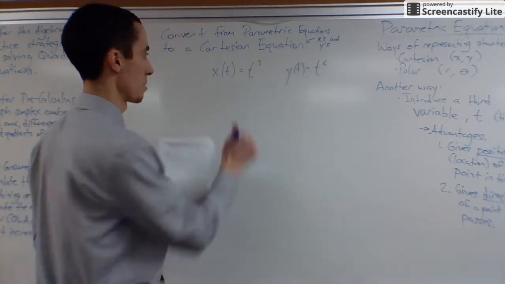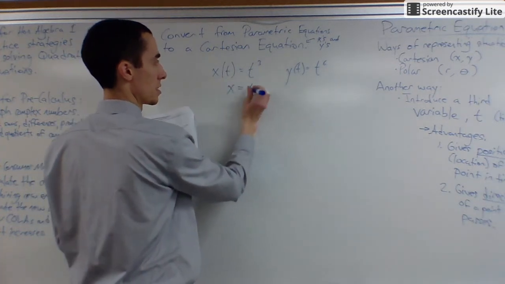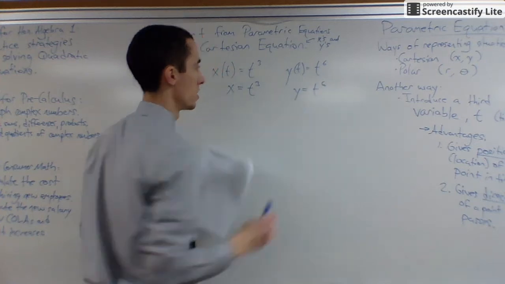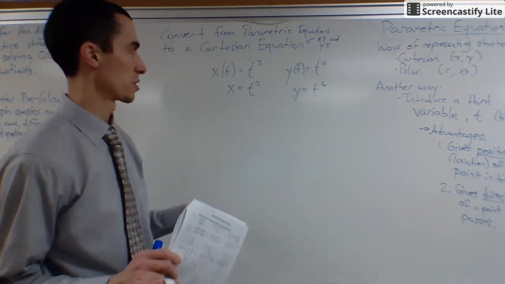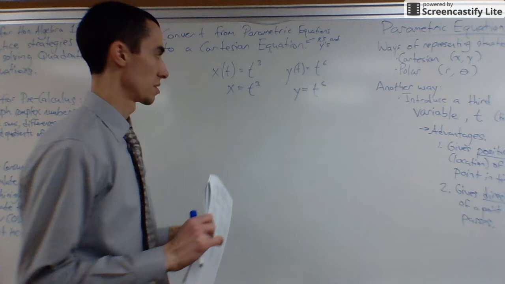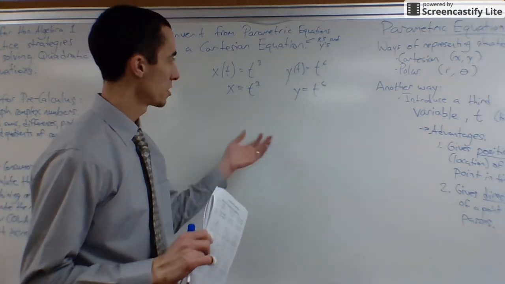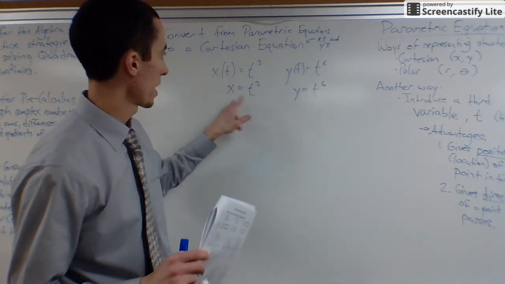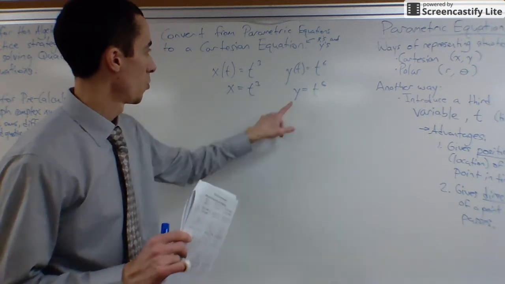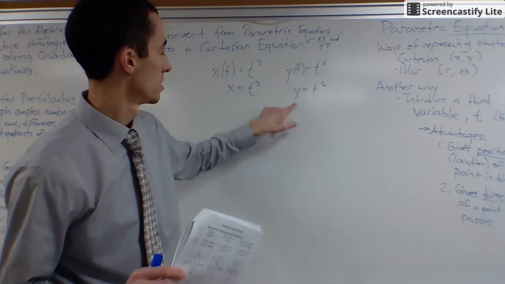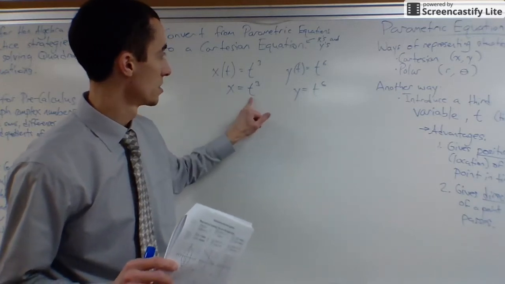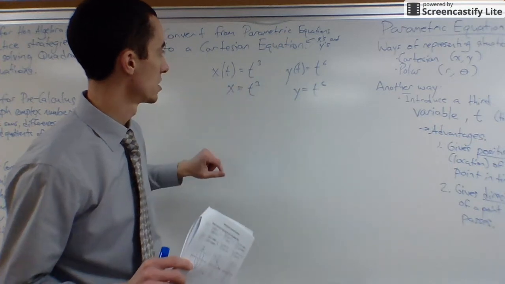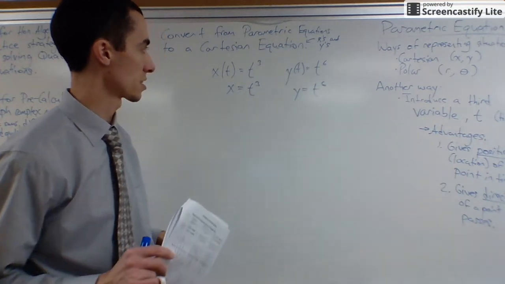All right, in this example, it would be kind of difficult to solve for t because we have to mess with cube roots or sixth roots. You could do it, but here's a different way to do it. Notice the relationship between x and y. y happens to be this x squared, because if you were to square t to the third, you would get t to the sixth.